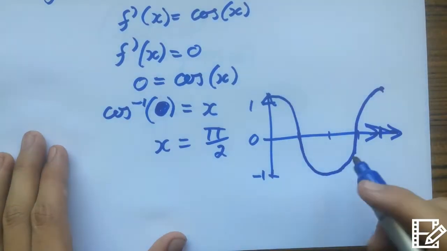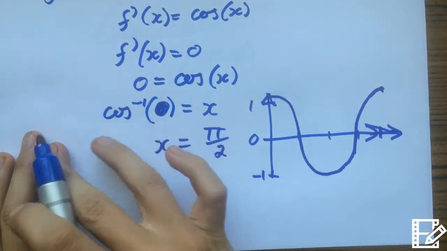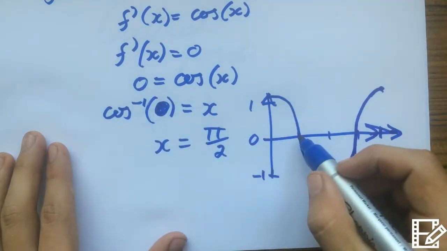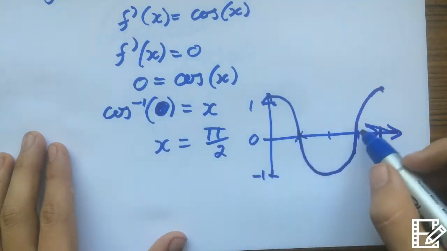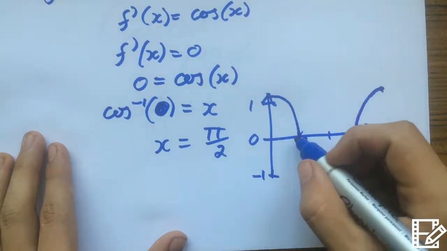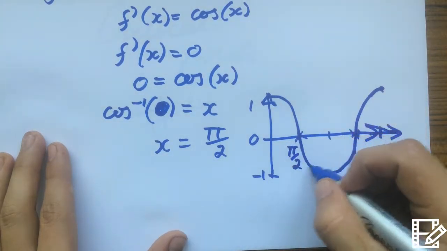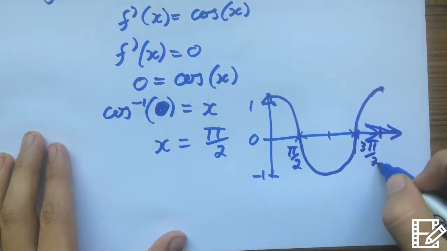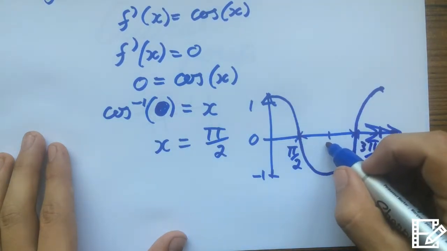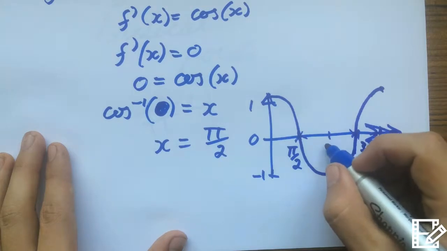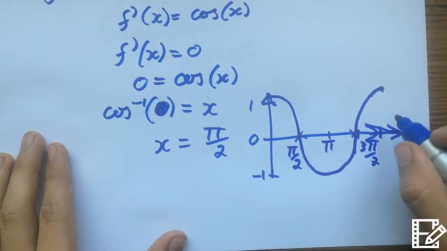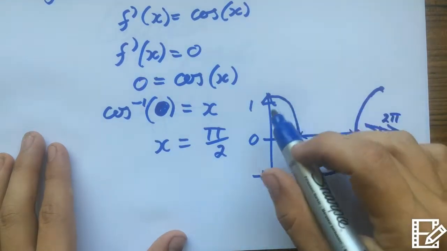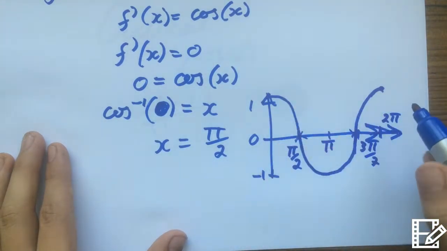So cos x at 0 is at this point and this point. This point here is pi on 2, and this point here is 3 pi on 2. This one here is pi, and this one on the very end is 2 pi. 2 pi is a full period, or a full cycle.